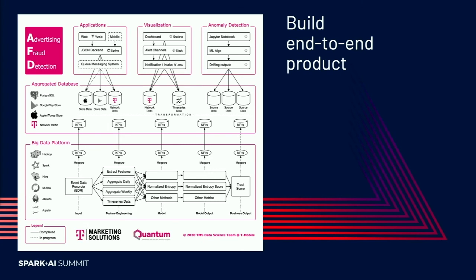As you can see, we also implement our own anomaly detection model, and together with MLflow, which we're going to talk about shortly, we have a complete workflow to automate, monitor, and operate this product.